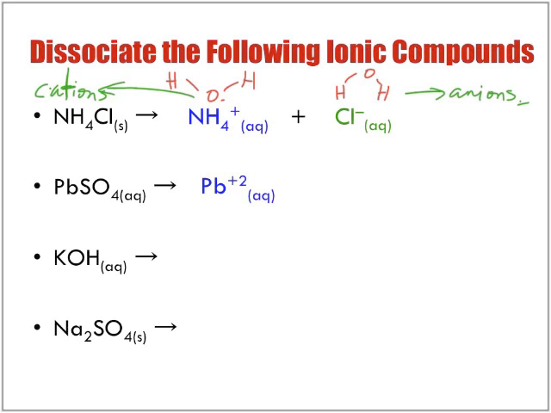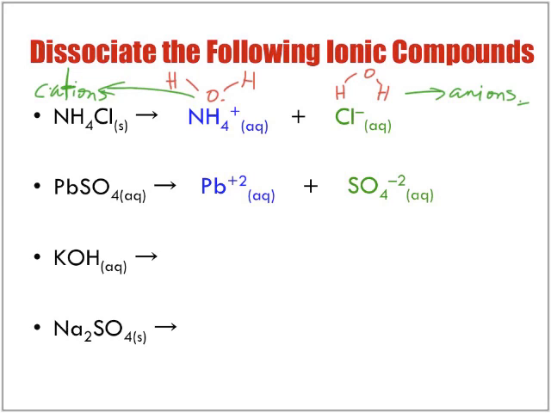So we have Pb2+, and what is our anion? SO4 2-. Notice aqueous. Really important, guys: please do not forget the charges, because if I don't have this, we don't really know what part of water is surrounding it in that hydration. So that's really, really important.